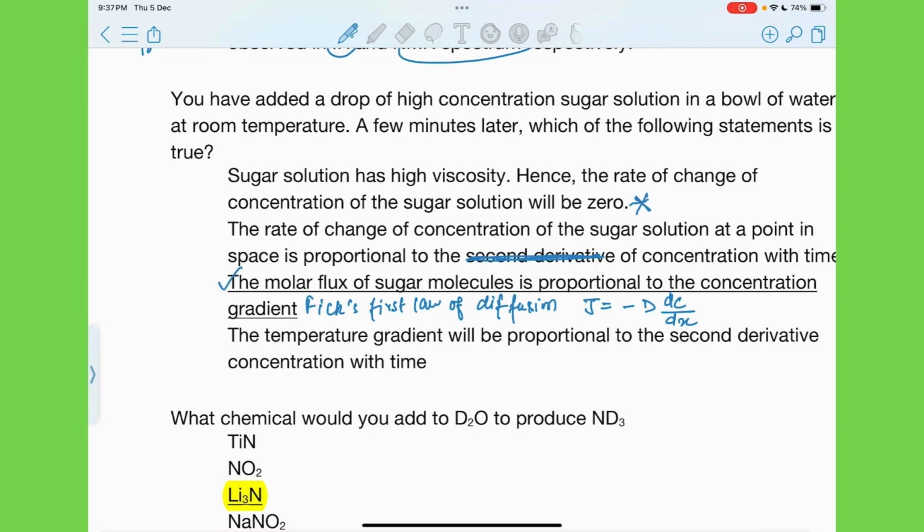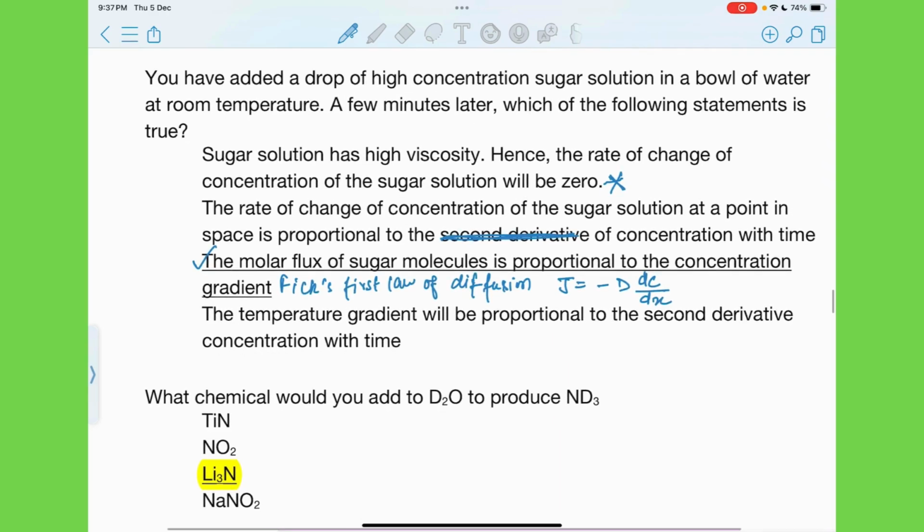So this is correct. The temperature gradient will be proportional to the second derivative of concentration with time. Again, there is no direct relationship between the time and the temperature gradient. So option number 3 is correct.